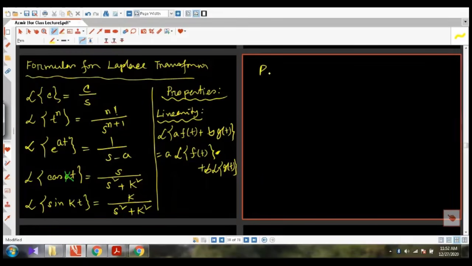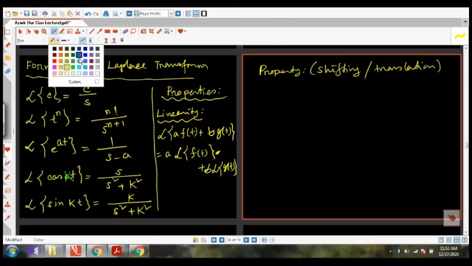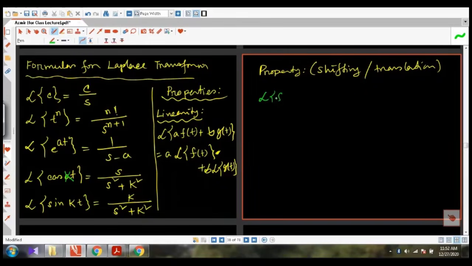We have learned another property, which is called the shifting or translation property. The property is, we know that the Laplace transformation of f of t is F of s.